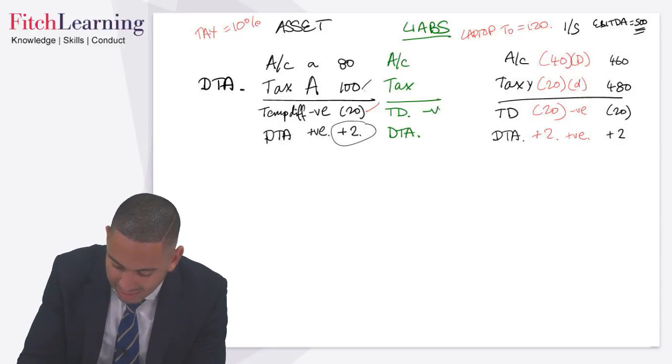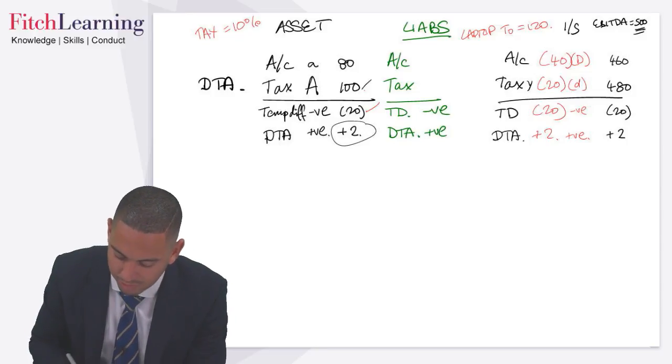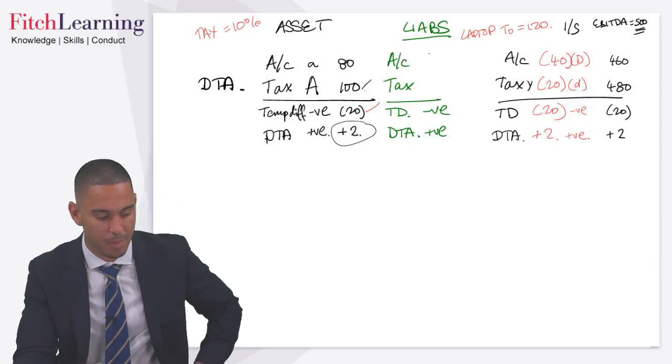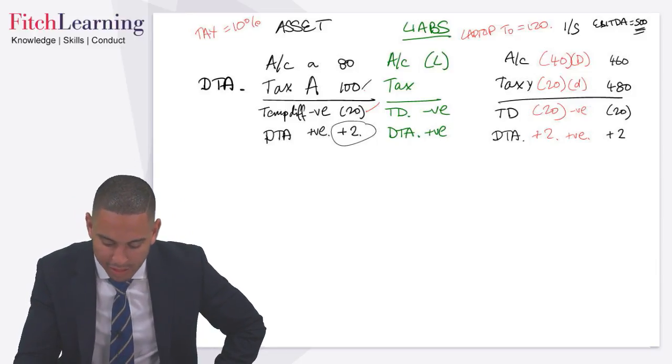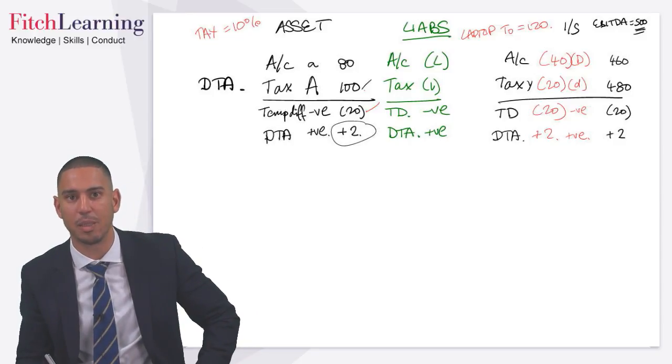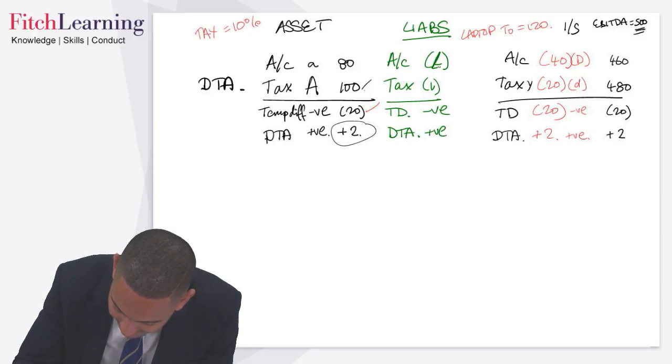Well, I know this has to be negative for this to be positive, which means I'm going to end up with a liability which is bigger in my accounts than according to the tax authority. Big L is what I'm trying to write here. And then we've got a little l.